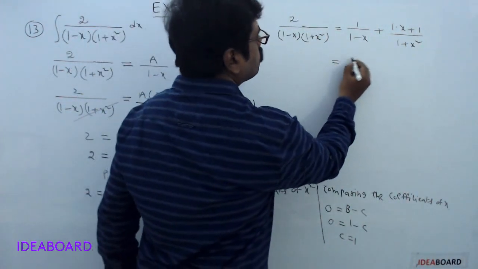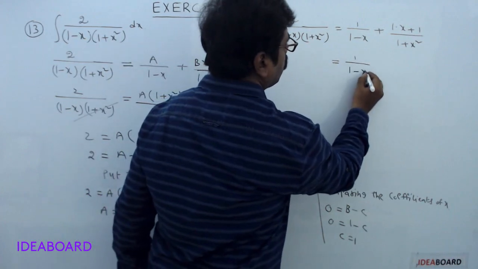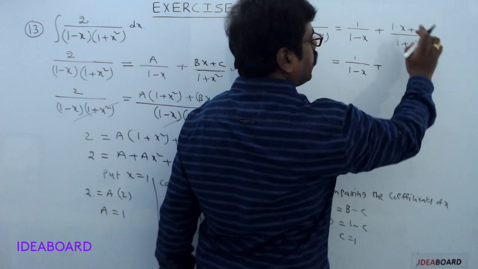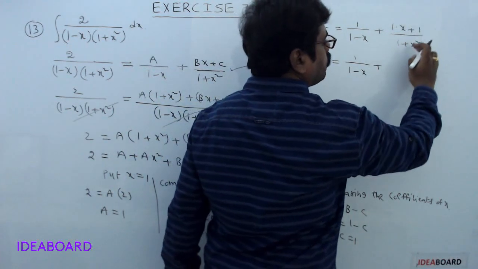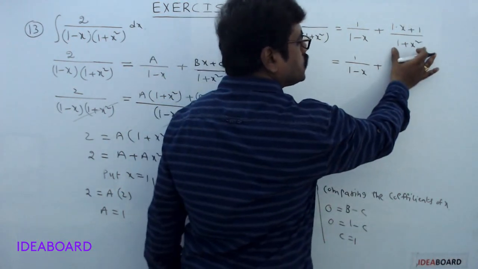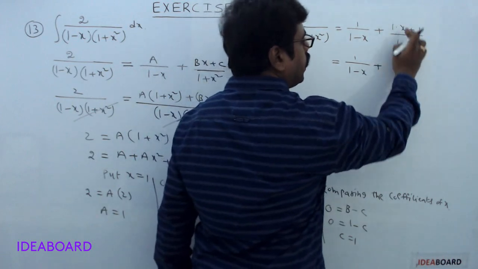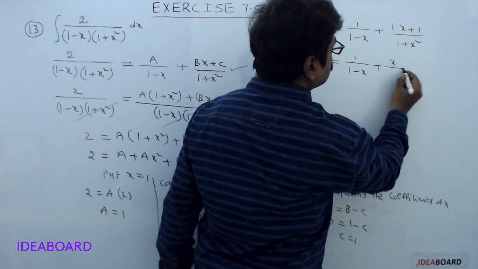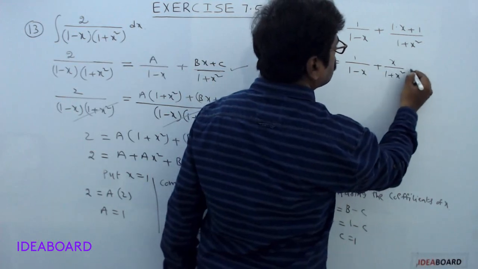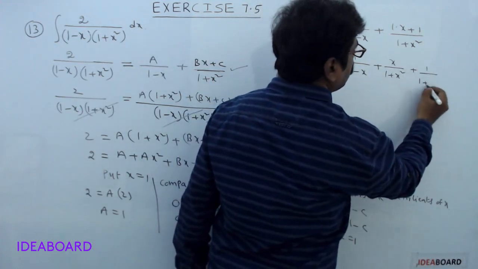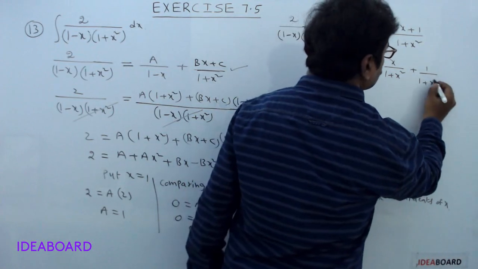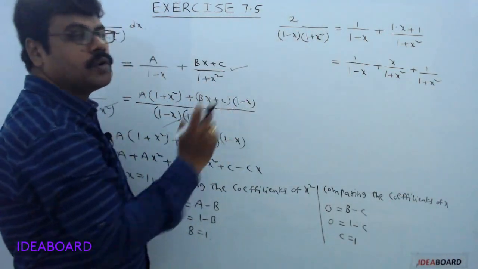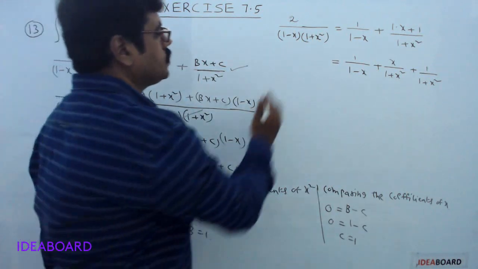Now this equals 1 divided by 1 minus x plus this term, which is of the form a plus b divided by c, so it can be expressed as a divided by c plus b divided by c. So it is x divided by 1 plus x square plus 1 divided by 1 plus x square. Then integrating on both sides with respect to x.